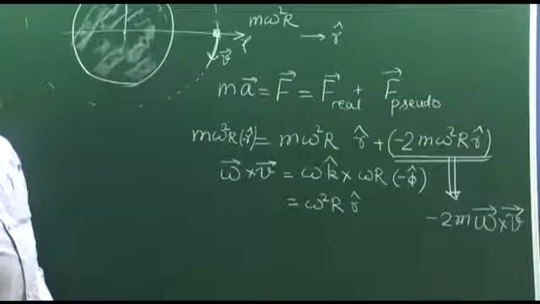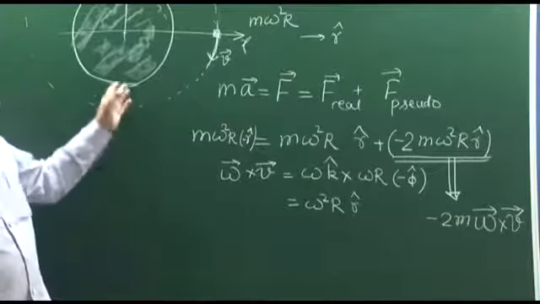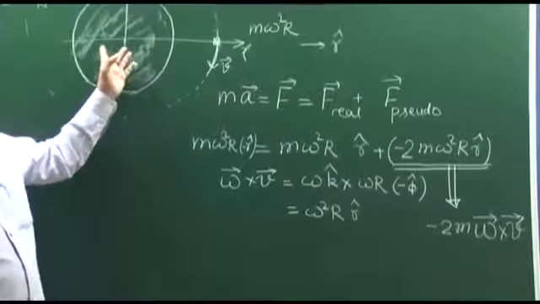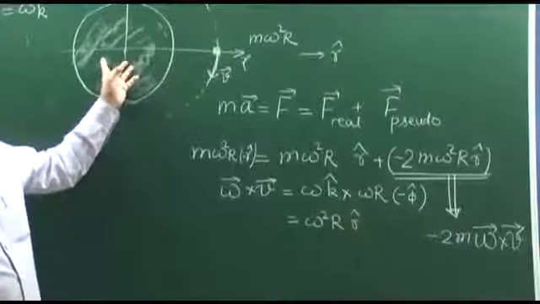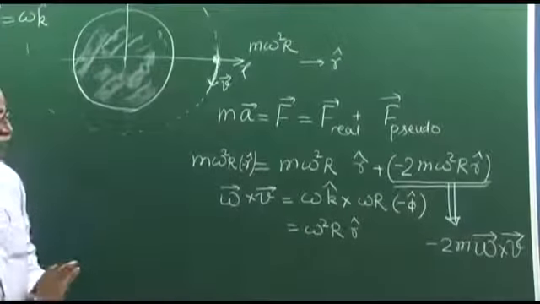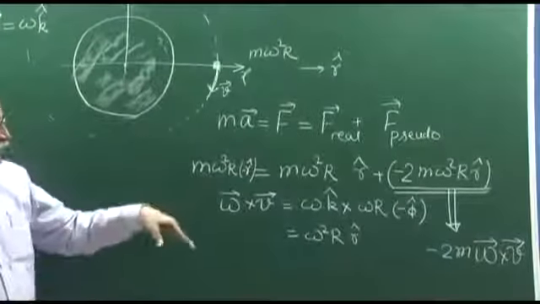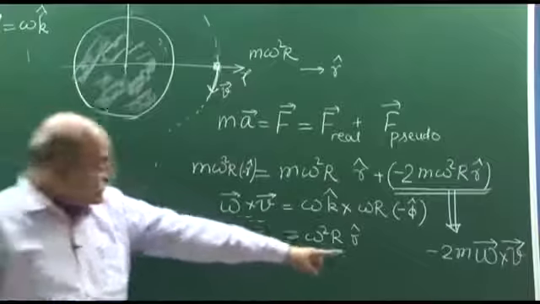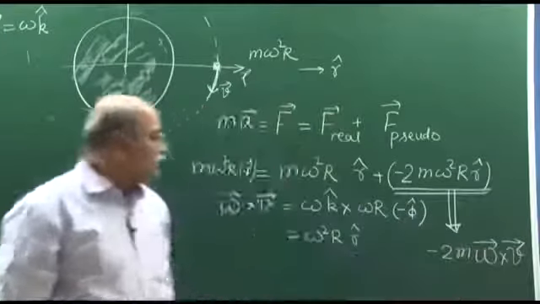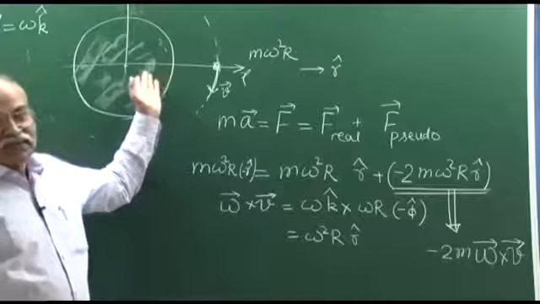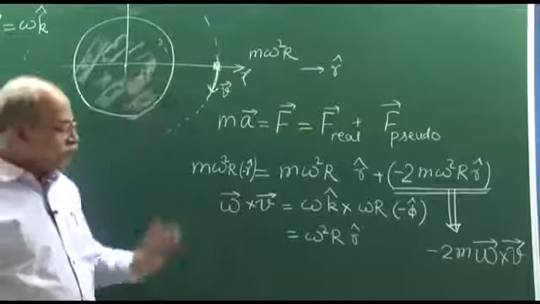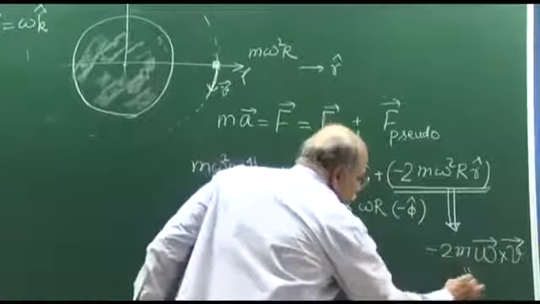M is the mass of the particle, omega is the angular velocity of this rotating frame. Remember, I have to take the direction also into account, and then cross product velocity. This is velocity of the particle with respect to this rotating frame, and this term is called Coriolis force.